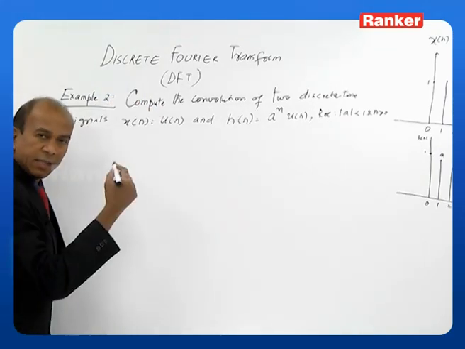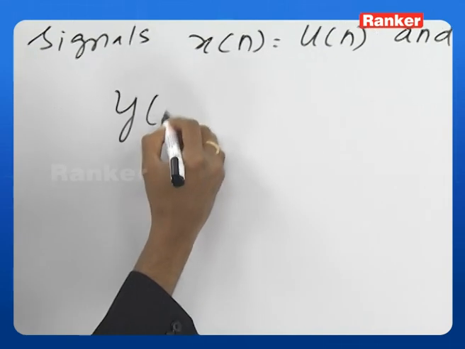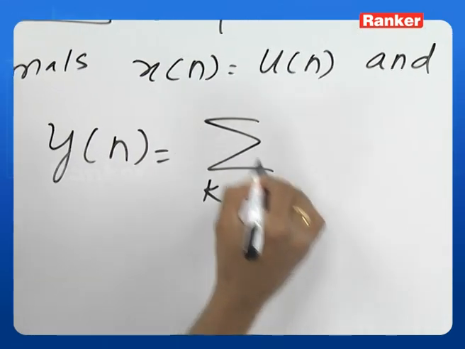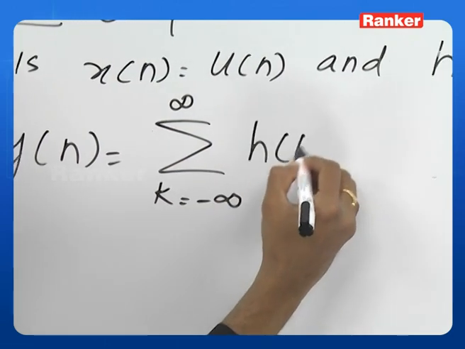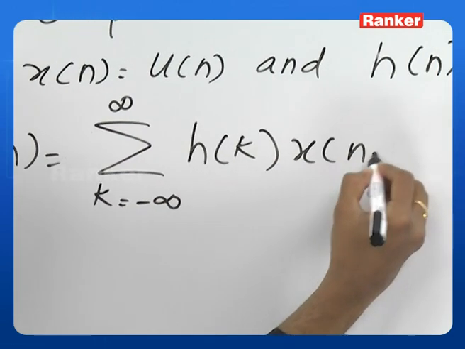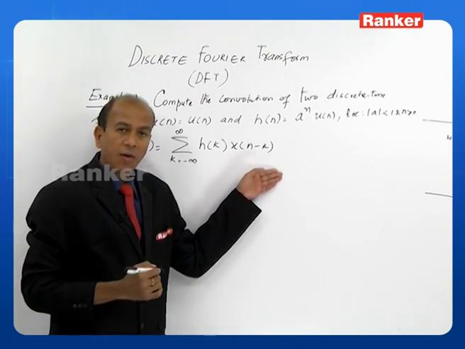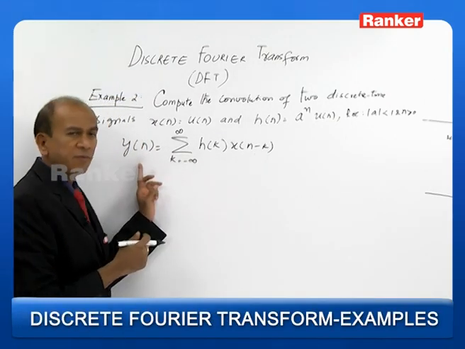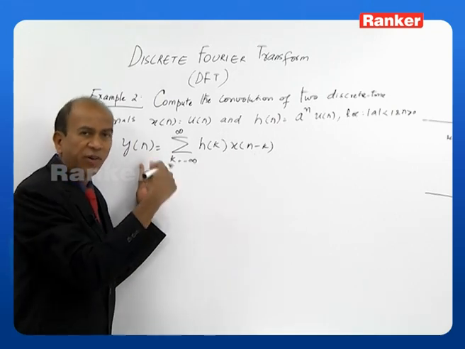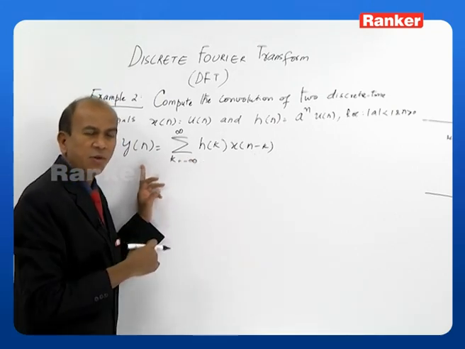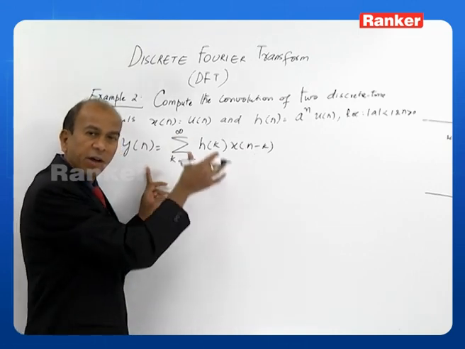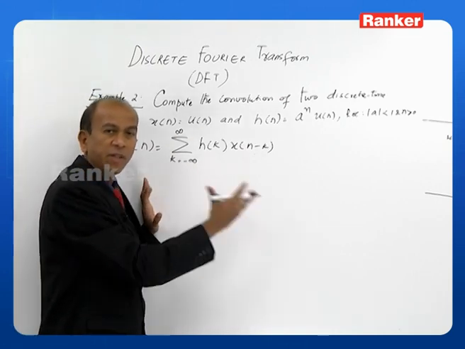Keeping these points in view, let us say y of n is the convolved output, the summation from k equal to minus infinity to plus infinity of h of k and x of n minus k. Now we have to see what y of n is for different values of n. That is, if n is equal to 0, what is y of 0? If n is equal to 1, what is y of 1? Like that we have to calculate different values of y of n, which will be the convolved output.